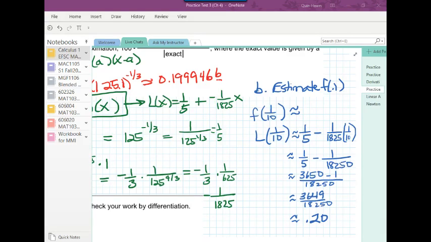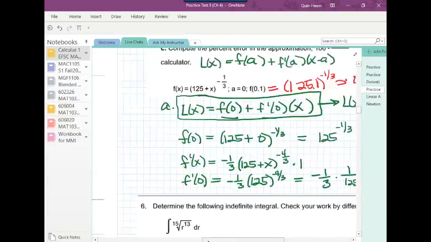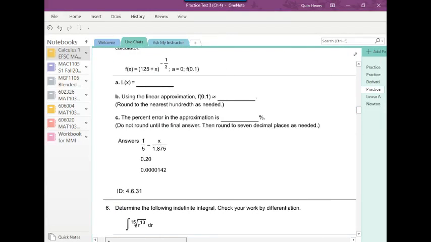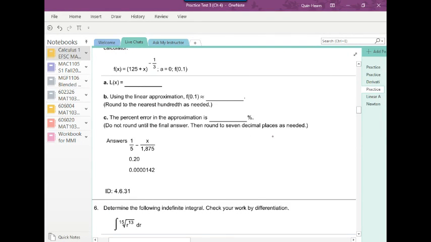Let's see if it matches up with the answer in my math lab. Gonna move this over. Sorry, my computer is updating here. Doesn't want to move the screen. There we go. Okay, so there's that.